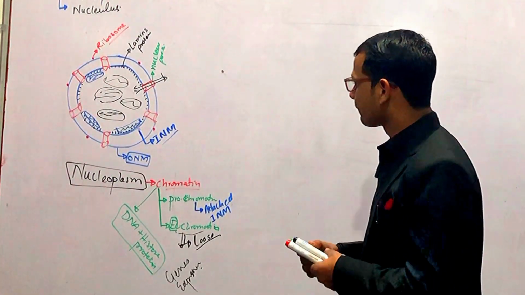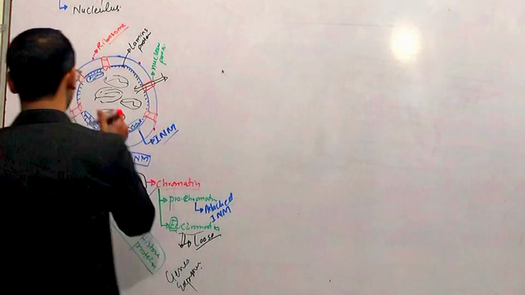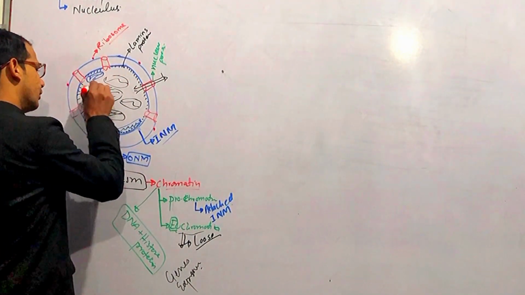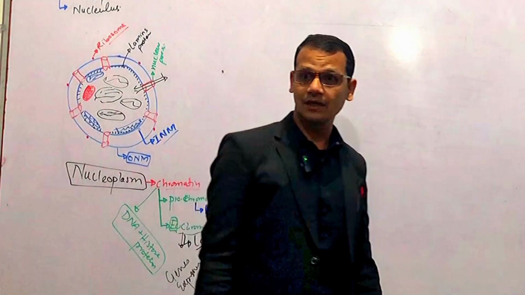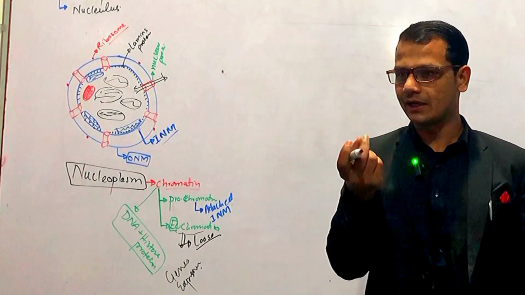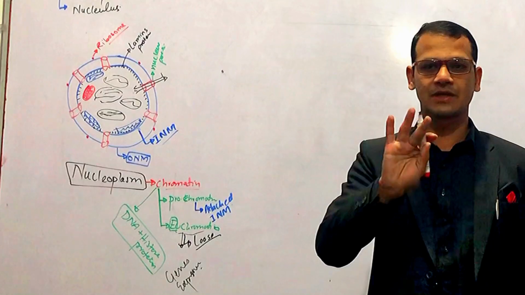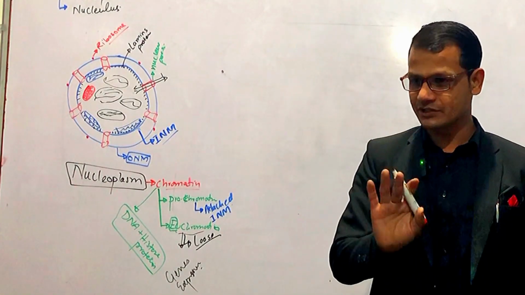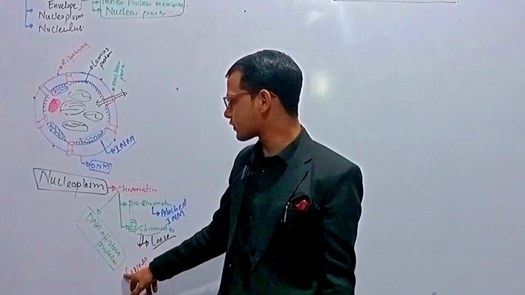The next thing is the nucleolus, because DNA is responsible for the storage of hereditary material, the genes, the storage of all the information of our body. So chromatin is composed of DNA and histone protein.